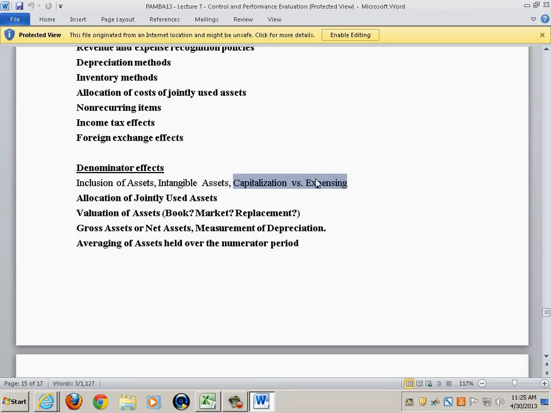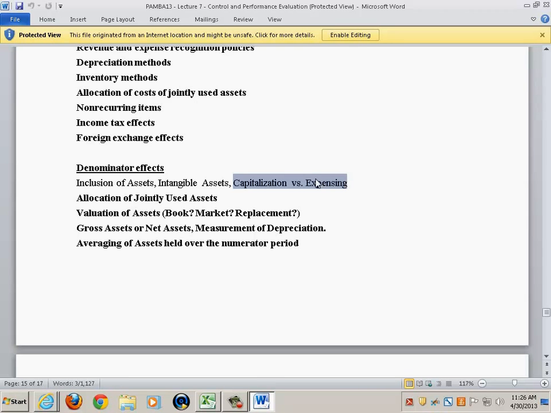So if you want to match revenues with expenses, then maybe what you want to do is take the bulk of R&D expenses in any particular period and capitalize them and treat them as an asset which is going to be amortized over the future periods where those research and development expenses hopefully generate additional revenues. So in that case, the bulk of the expense will go into the denominator as an asset, and only a small portion will go into the expense component in the numerator. So research and development is one example.